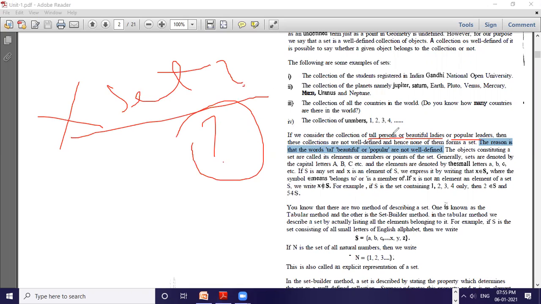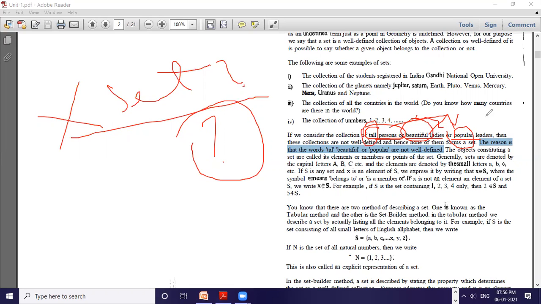So what I am repeating again, this tall person, this beautiful, ये जो words हम use कर रहे हैं, whatever words I am using, tall, beautiful, popular, these words are also not well defined. मतलब किसको tall बोलेंगे, किसको popular बोलेंगे, किसको beautiful बोलेंगे? Which person will we call a tall person, which lady will we refer to as a beautiful lady, which leader will we refer to as a popular leader?